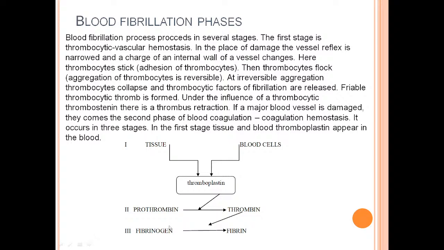In the third stage, under the influence of thrombin, fibrinogen forms fibrin monomer, which is first formed. Then fibrin polymer is formed. Fibrin polymer forms a network involving formed elements. A loose fibrin thrombus is formed. The third phase of blood coagulation follows.